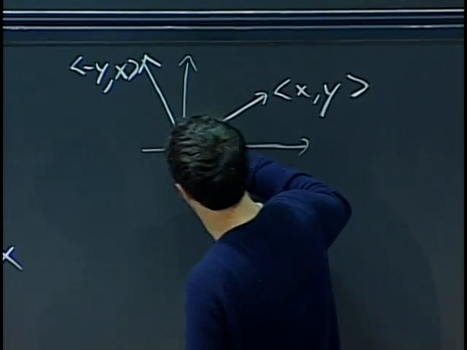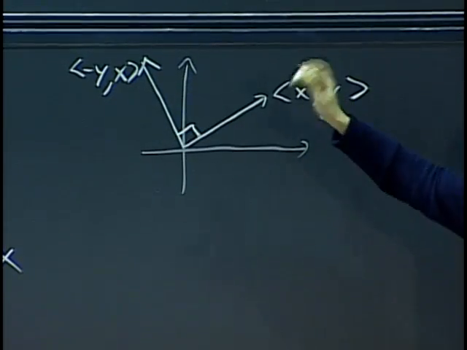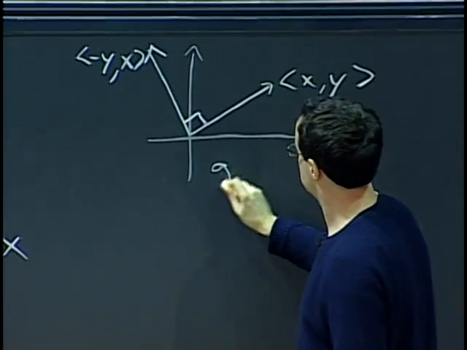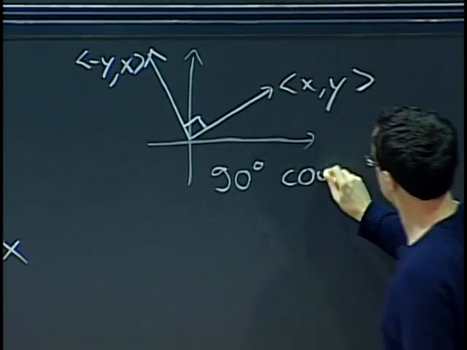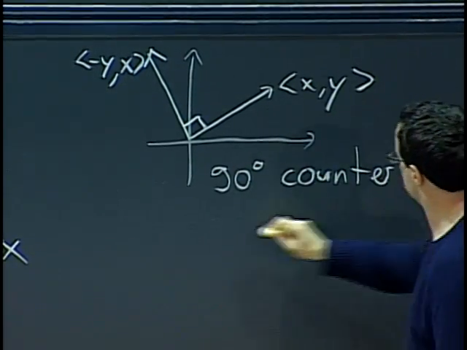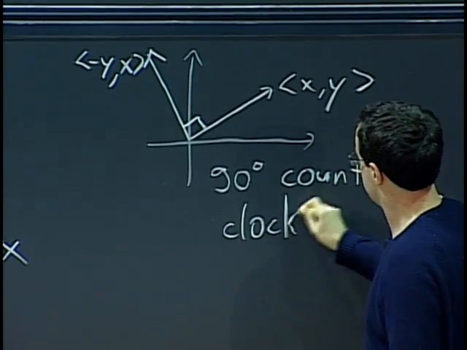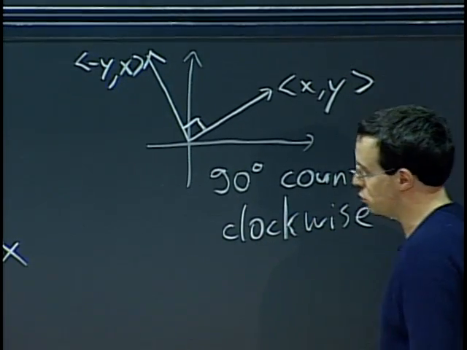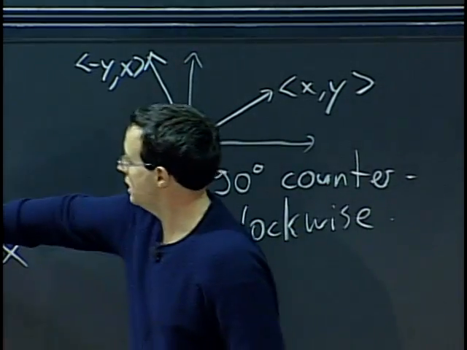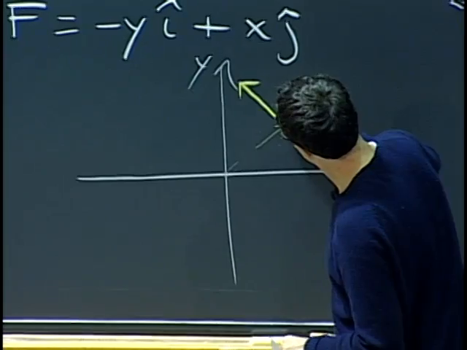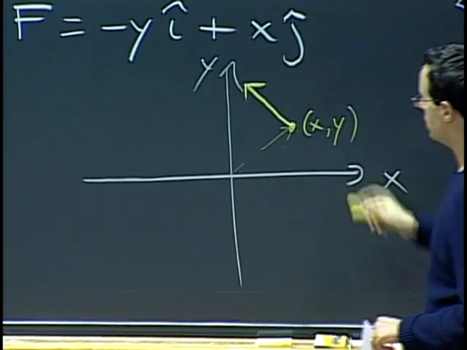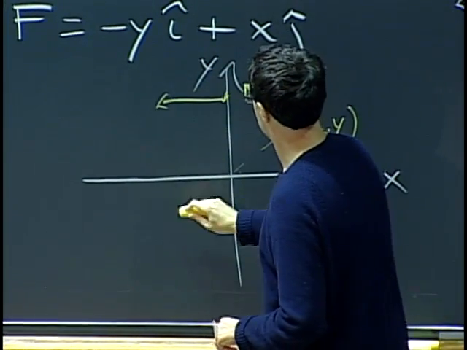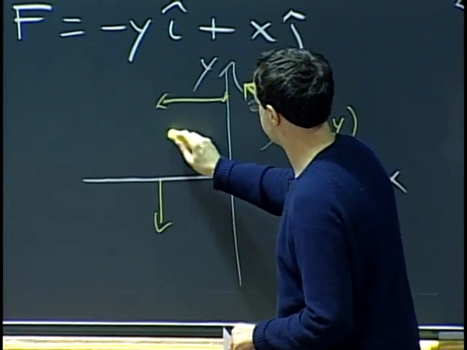It's the vector that I get by rotating by 90 degrees counterclockwise. And of course, I don't want to put that vector at the origin. I want to put it at the point (x, y). So in fact, what I will draw is something like this, and similarly here, it would be like that, like that.